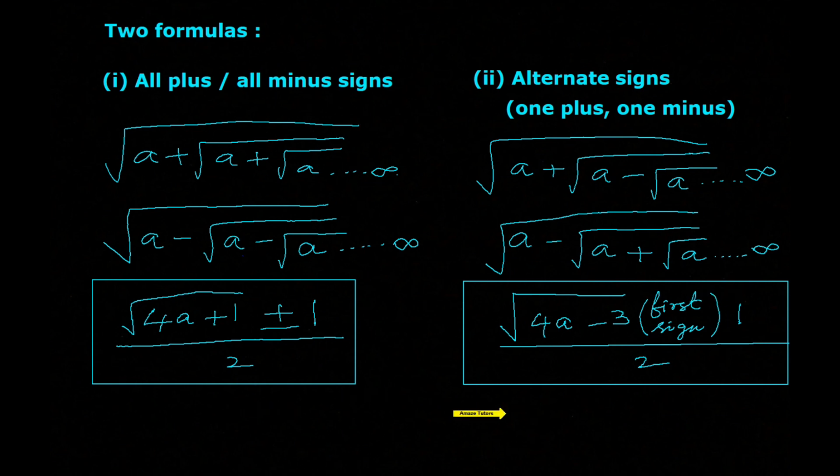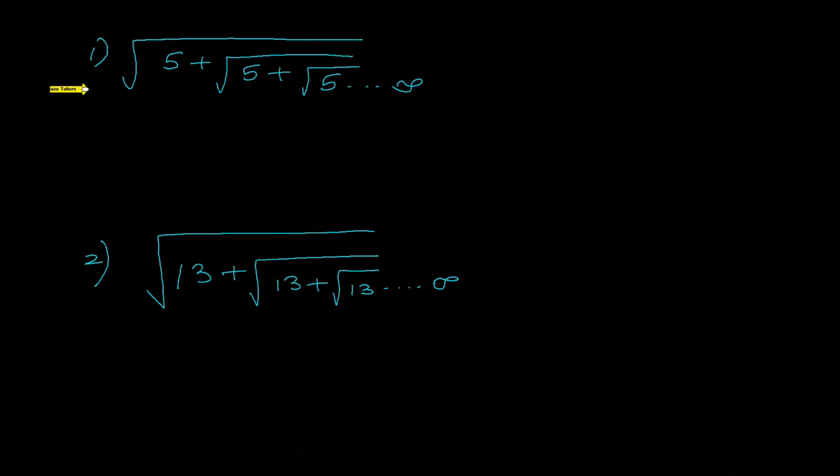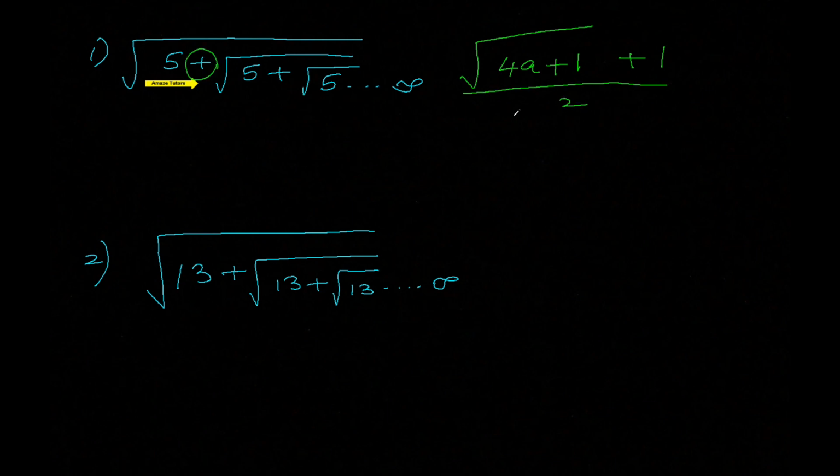Let's do a few questions so that you will understand it completely. Let's do the first one. Square root of 5 plus 5 plus square root of 5 and so on. What is the sign here? Plus. So the formula is square root of 4a plus 1, plus 1 because of this plus, divided by 2.